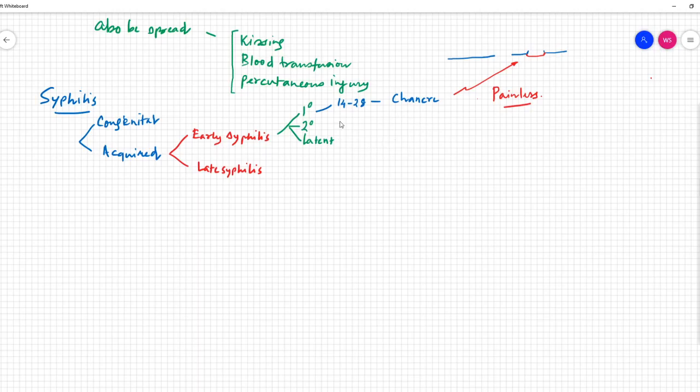Okay. So after 6 to 8 weeks, there is dissemination. Okay. Dissemination basically means there is a spread. Okay. And this spread, usually hematogenous spread, it leads to symptoms. Fever, malaise, headache.